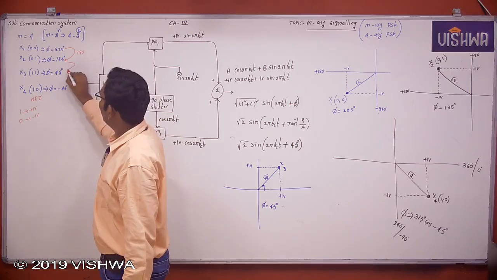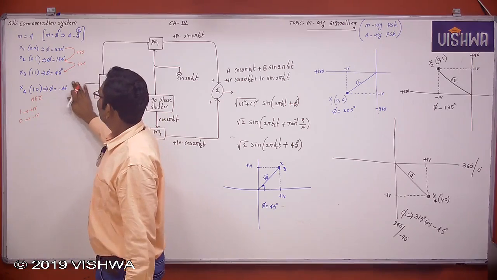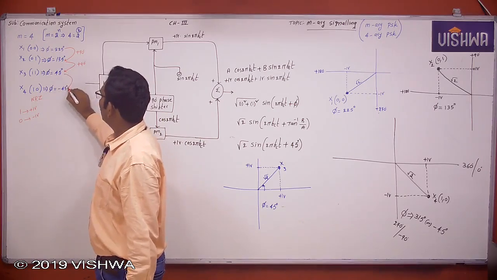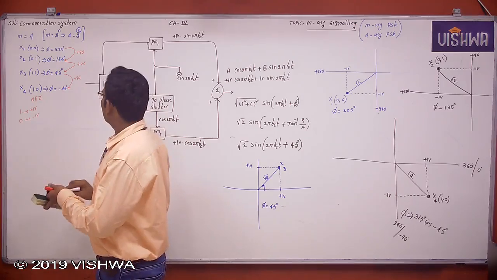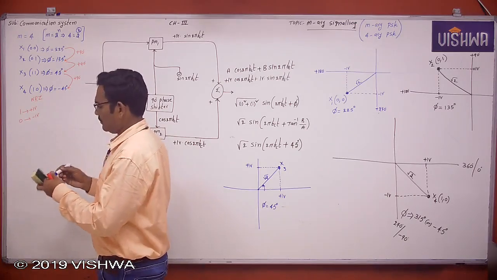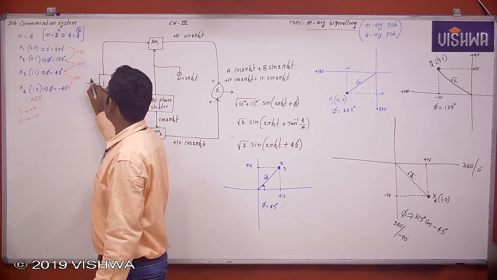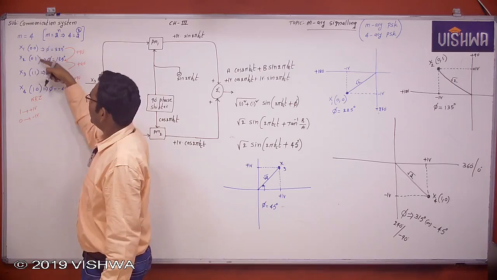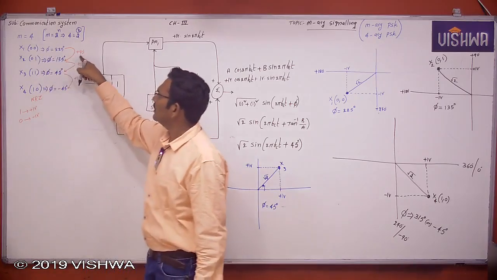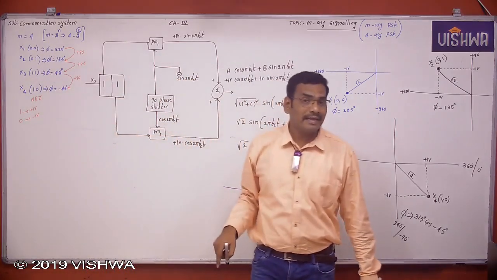Symbol 2 to symbol 3, the phase difference is 90 degrees. Symbol 3 to symbol 4, the phase difference is 90 degrees. The successive phase difference between the symbols is 90 degrees, quadrature.